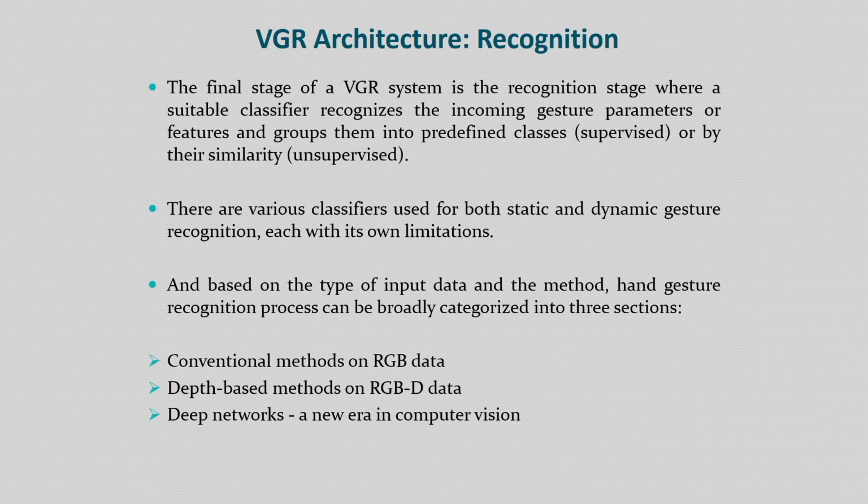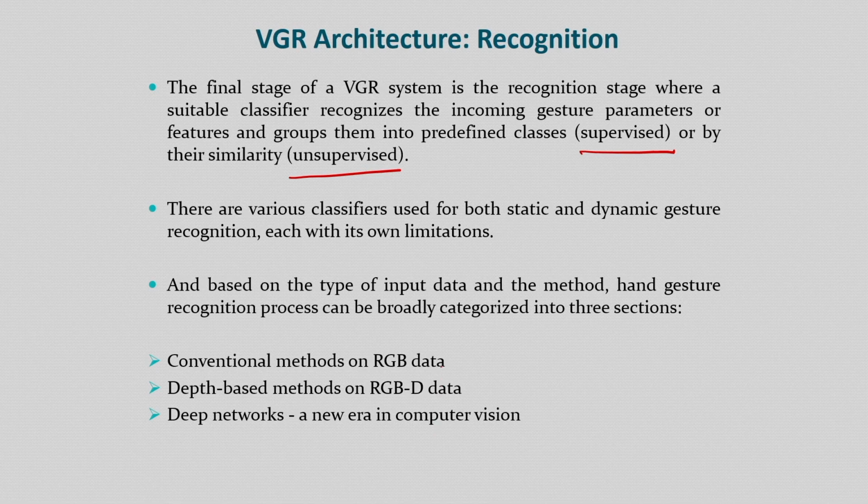And finally we can consider the classification module, that is the recognition module. After extracting the features, we have to recognize the gestures. We can apply supervised techniques or unsupervised techniques.